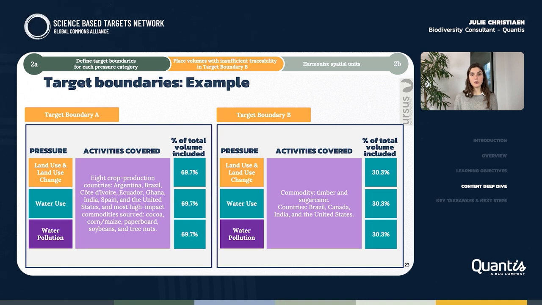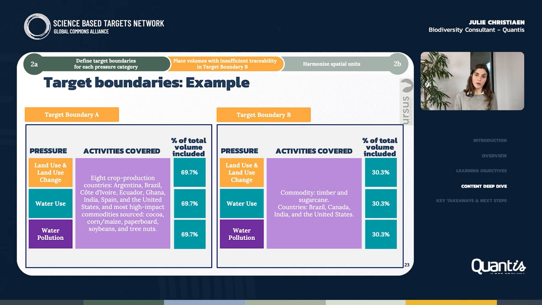For its upstream activities, Usus was well placed to start with science-based targets for nature because it already had traceability for its most important high-impact commodities. This meant that most commodities could be included in target boundary A and carried through into Step 3.